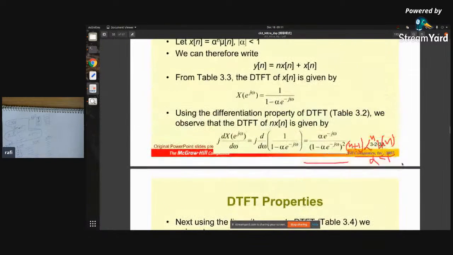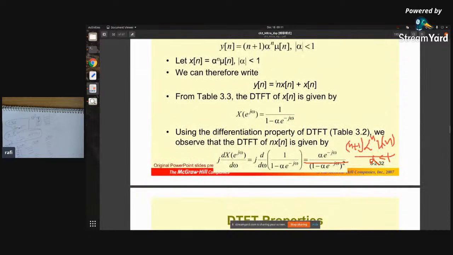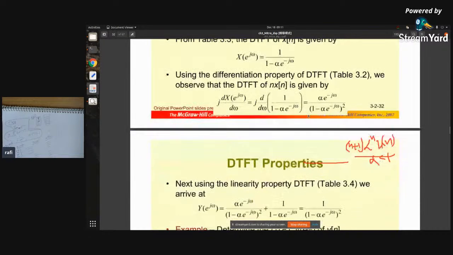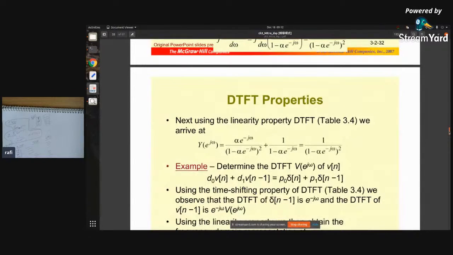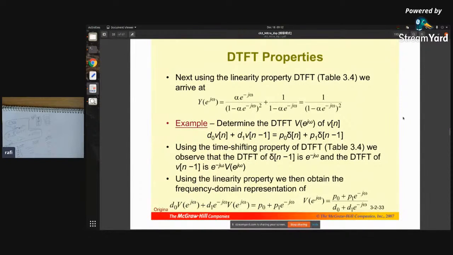We used two properties. What are those two properties? The differentiation in frequency property and the linearity property of DTFT. For exams like IES, if descriptive questions are given, you need to write every concept or detail of the concepts you are using.